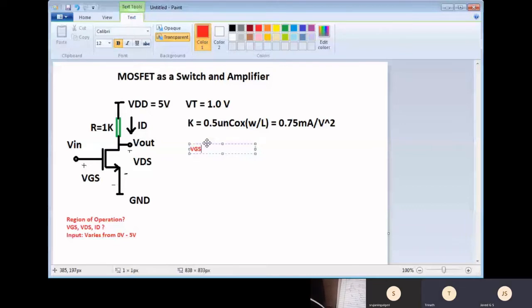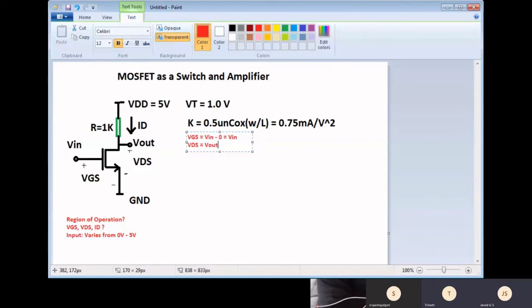So VDS, which is 5 minus ID into 1 kilo ohm, should be greater than VGS minus VT. In ID we can keep the saturation equation, because we are considering this to be in the saturation region. Then we will get the value of VI.